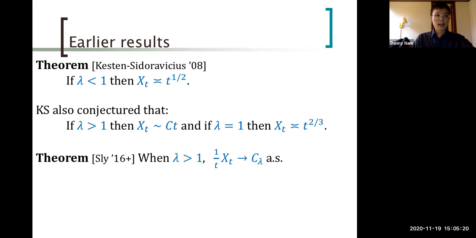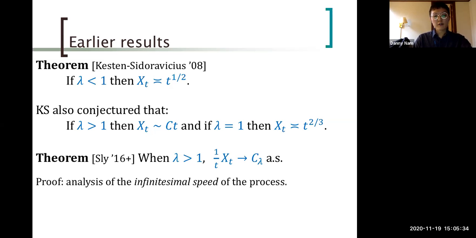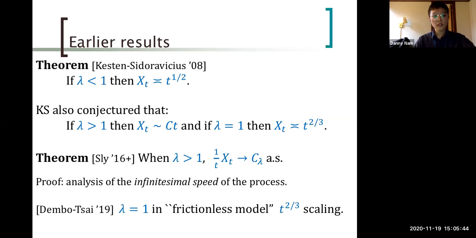And Alan a while ago showed the former case, where he showed that xt over t, when lambda is greater than 1, will converge to a constant almost surely as t goes to infinity. His proof was based on the infinitesimal speed of the process, which will be important in today's talk as well. We will talk in more detail later.